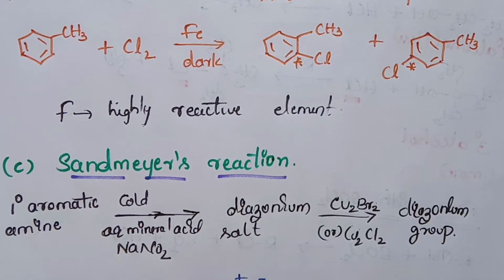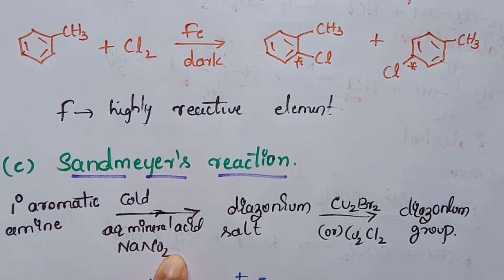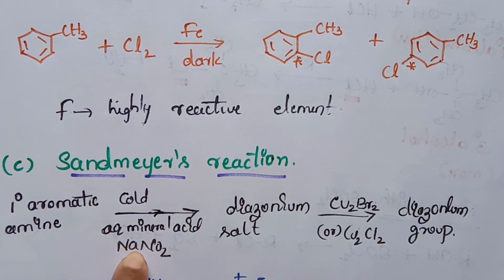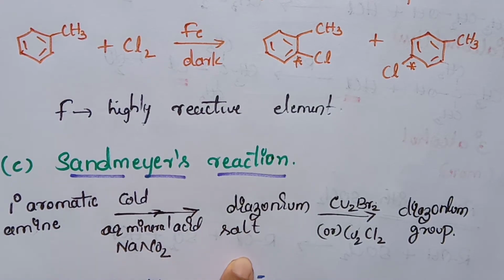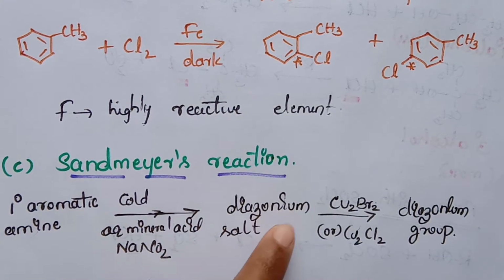Yes, we move on to the next method, called the Sandmeyer's reaction. This is very important for the students of class 12. Here the primary aromatic amine is dissolved in cold aqueous mineral acid and then treated with sodium nitrite. Then it forms the diazonium salt.